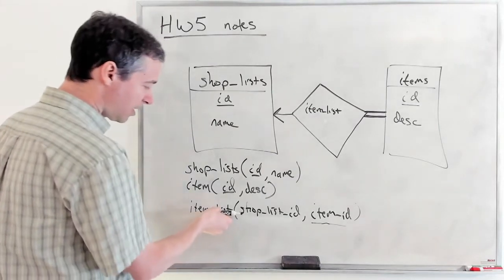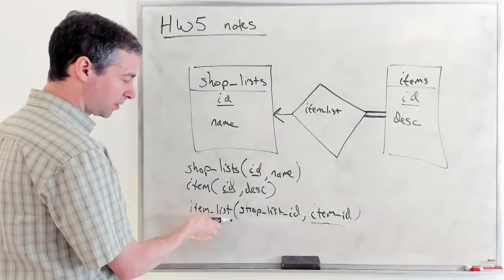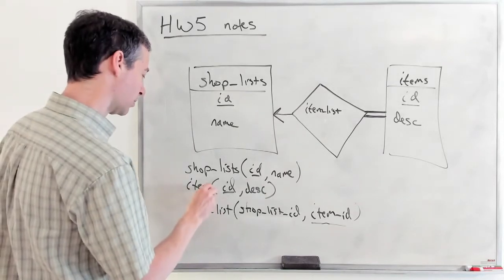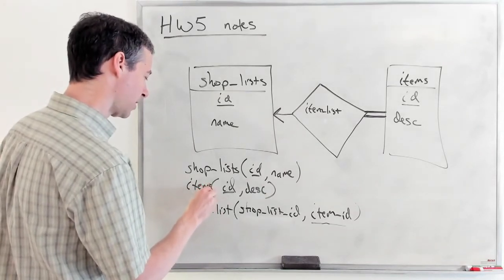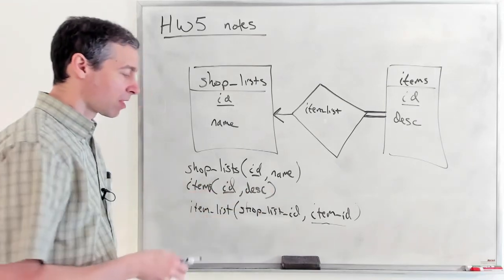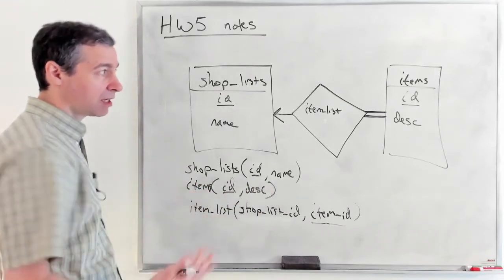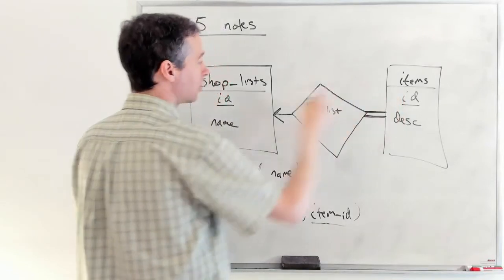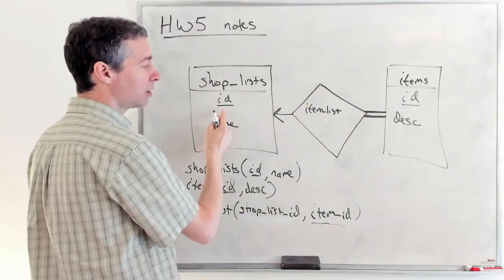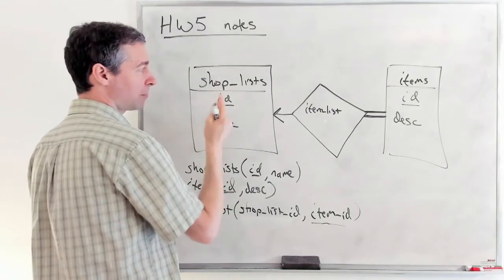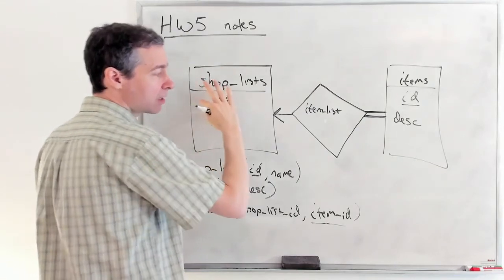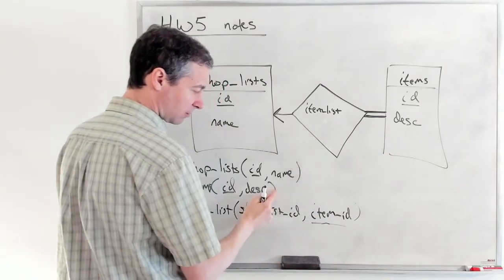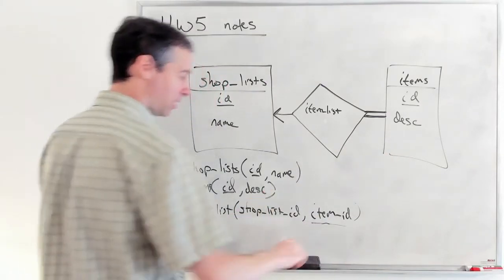So this relationship set here can be combined with this, this is supposed to be plural, sorry, relationship set here, items, all right? It's because every single item ID here is connected to one and only one shop list ID. So we can put the shop list ID into the relationship set here and be done.